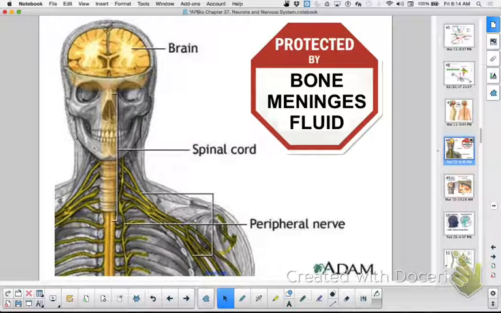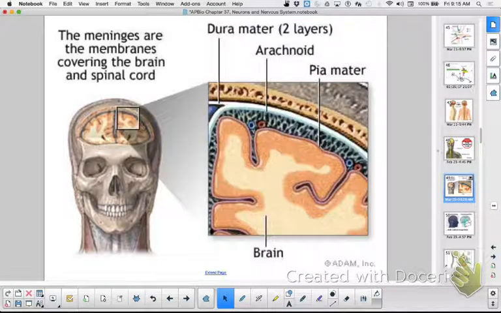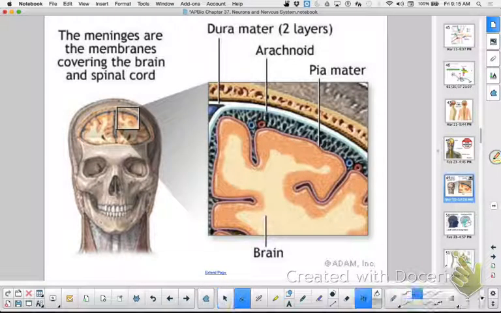So some places on the outside, sometimes our bone's more towards the interior. So we have bone, we have meninges. Meninges are membranes. The pia, the arachnoid, and the dura are 3 membranes that protect our spinal cord. And we have cerebral spinal fluid that helps cushion it. I think it's kind of interesting about these membranes because the pia is the closest one right up against the cerebral cortex.